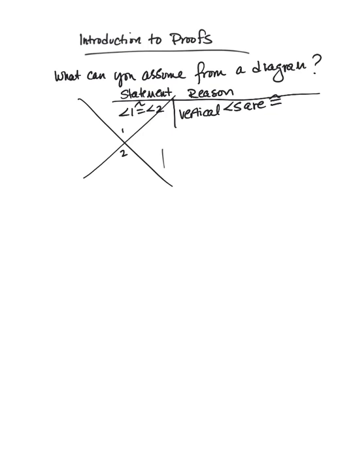Okay, the next thing that you can assume from a diagram is something called the reflexive property. So let's say I have this triangle and I have this side AD. You are allowed to assume that AD is congruent to itself.